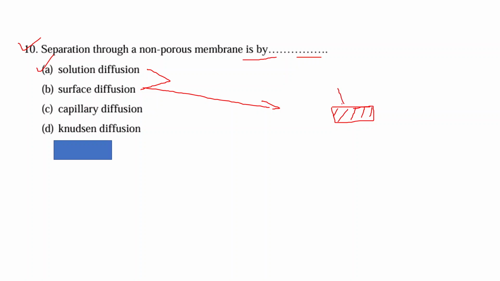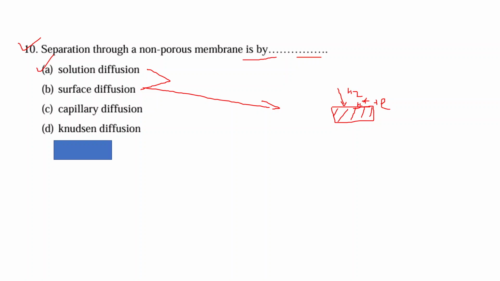The hydrogen is coming, and it is adsorbed on the upper layer of the surface. It is called chemisorption, meaning it forms H plus and electron.